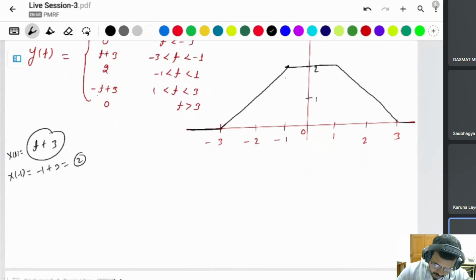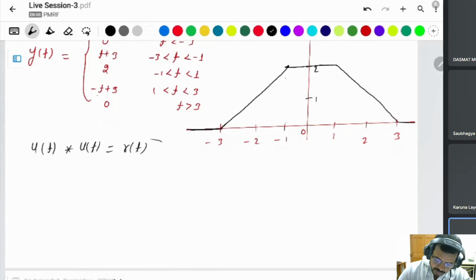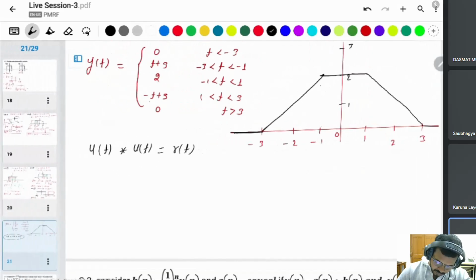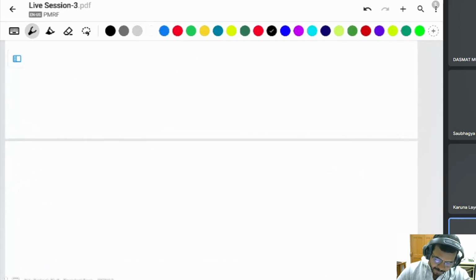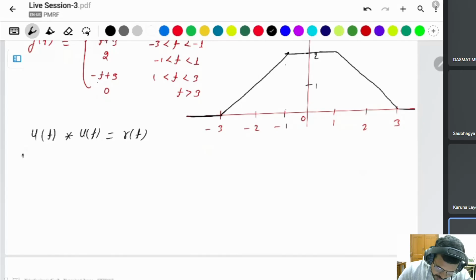I told you previously, I think, ut is the ramp signal. Then let's try to solve this. Another thing, if you have some delay of alpha here, suppose some advanced signal yt plus beta is there, then what is the rt?